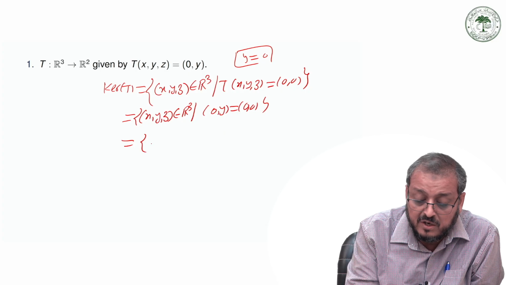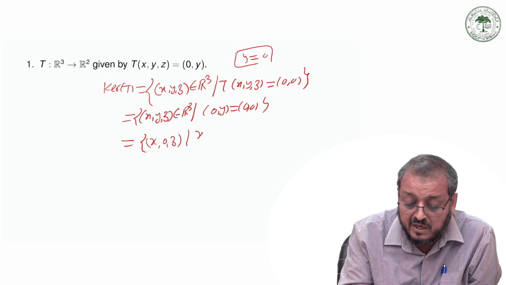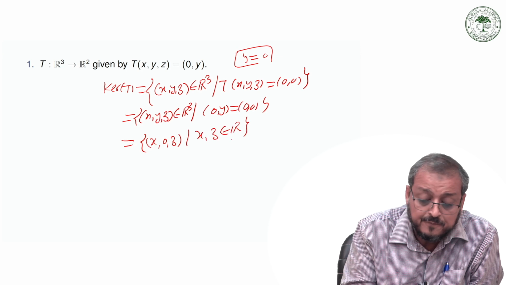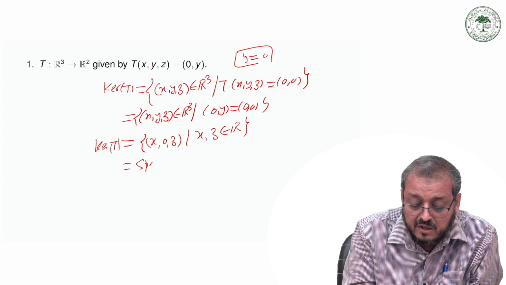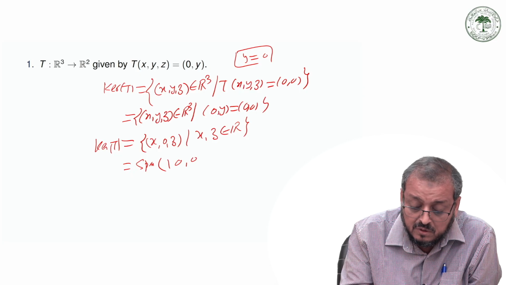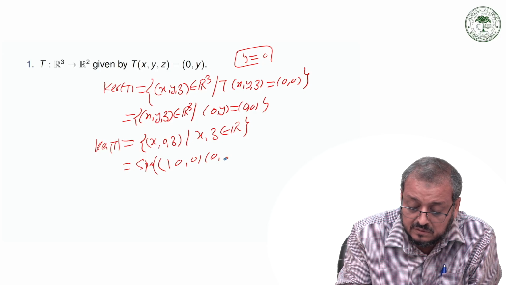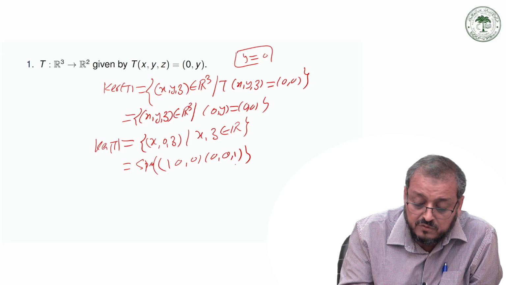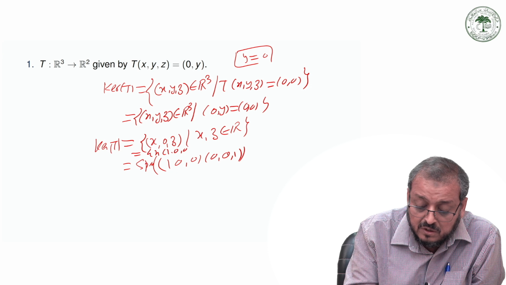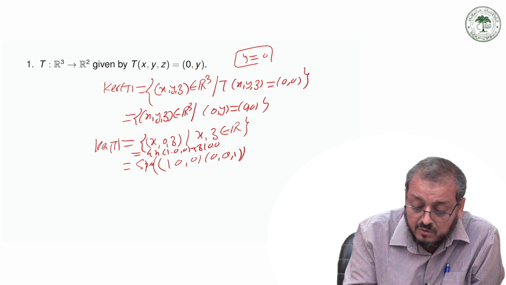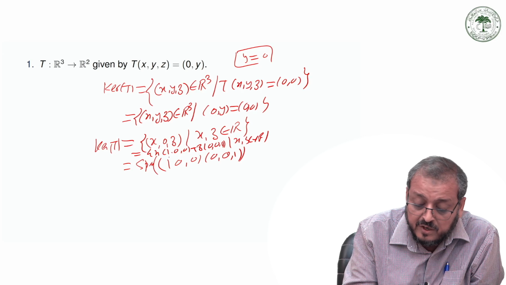So, the kernel of T is of the form (x, 0, z) such that x and z are elements of R. This means the kernel of T is equal to the span of (1, 0, 0) and (0, 0, 1), which can be written as x times (1, 0, 0) plus z times (0, 0, 1), such that x and z are elements of R. So, this is the span of these two elements.